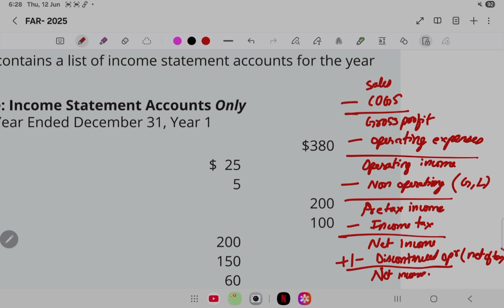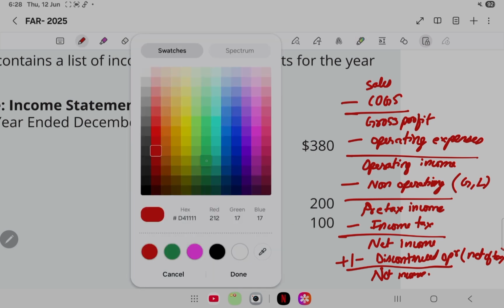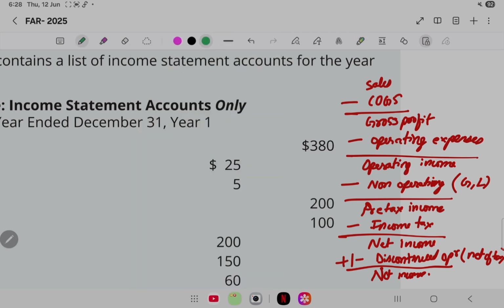So what are the pointers here? This is net of tax, number 1. Pre-tax income is from the continuing operations. Are you writing down? Let me write it down for you. Number 1, this is net of tax.